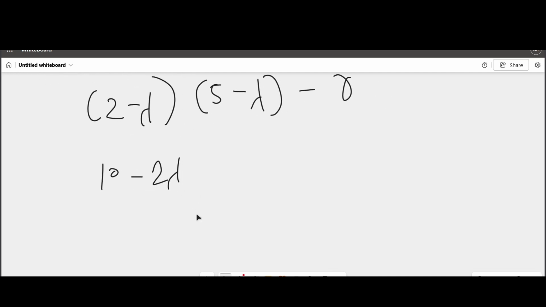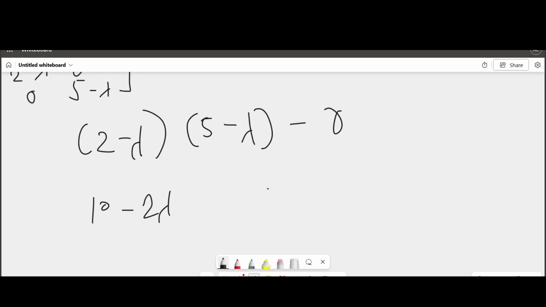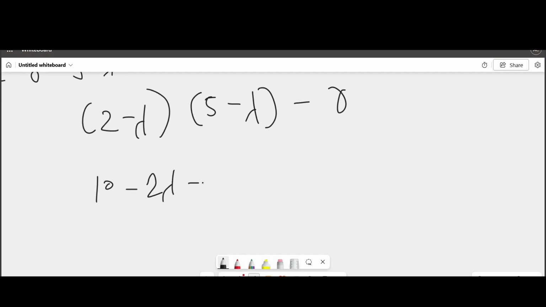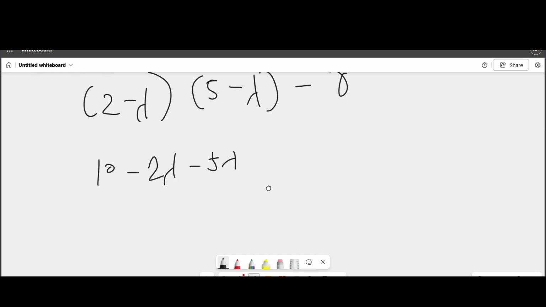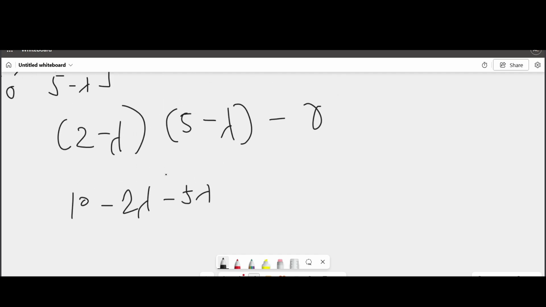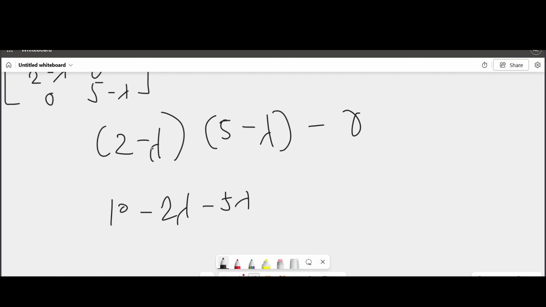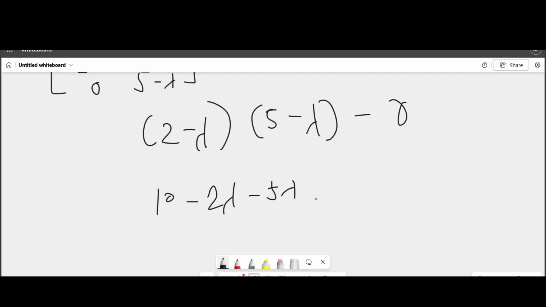Then we multiply negative lambda with negative 5, sorry about that, and multiply the last terms. Negative lambda times negative lambda is lambda squared.